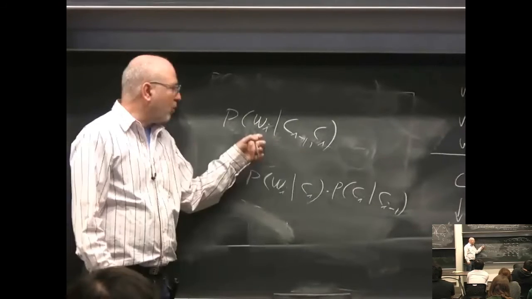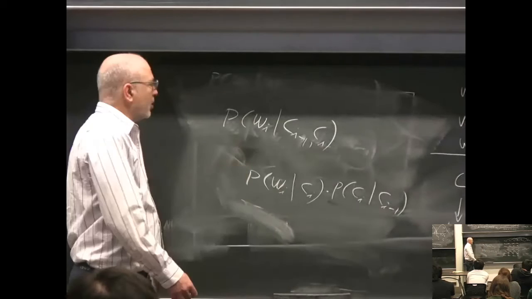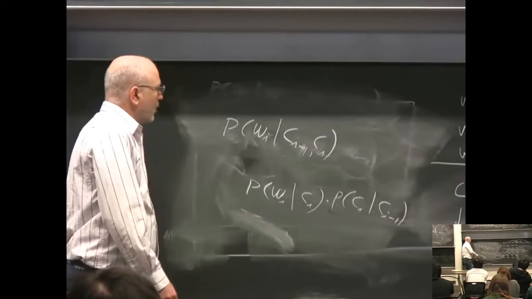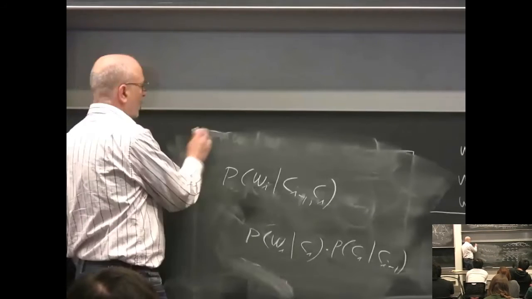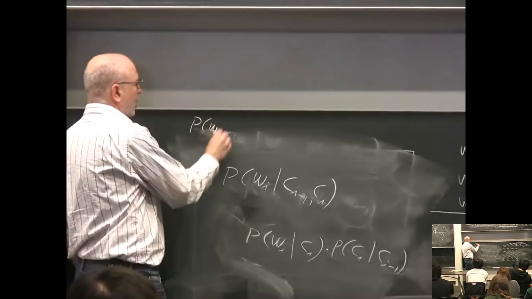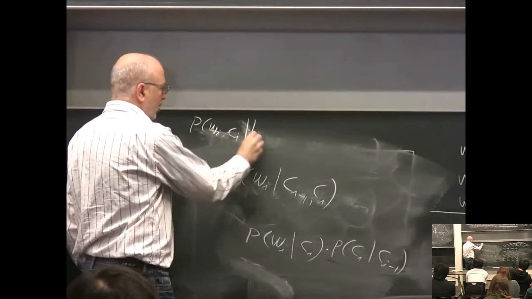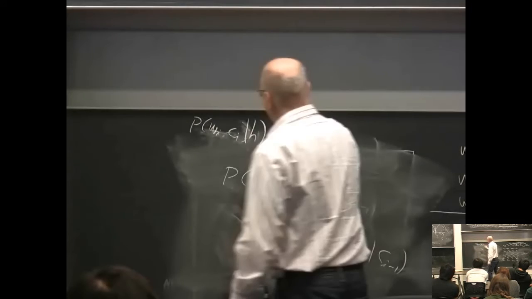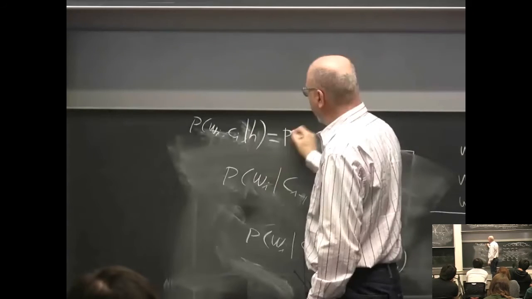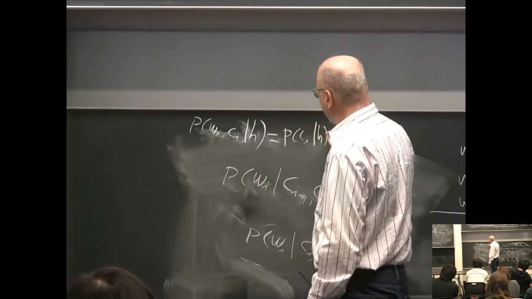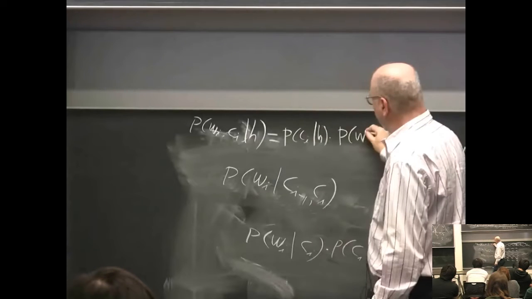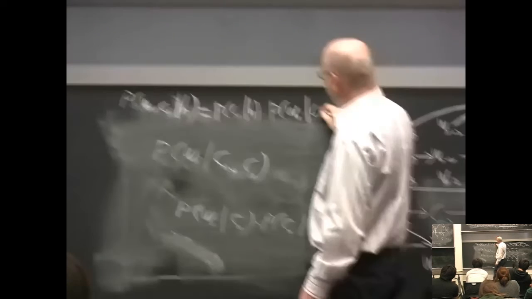If I put them both here, then that's it for Wi. If I want the full P of word I, comma, Ci, given the history, I can now write it down as P of Ci given the history times P of word I given Ci and the history.